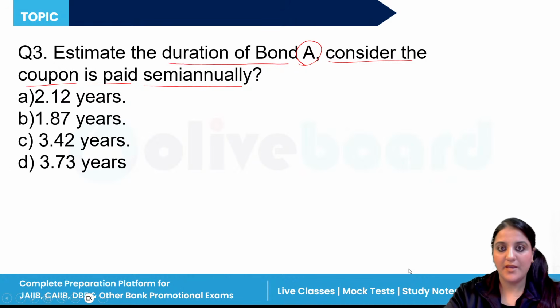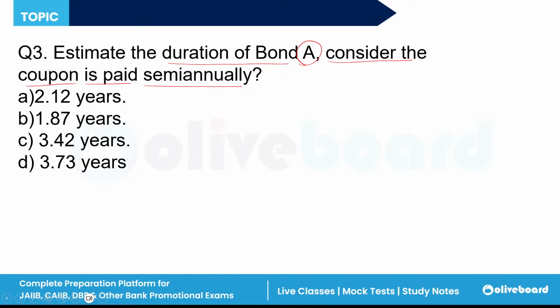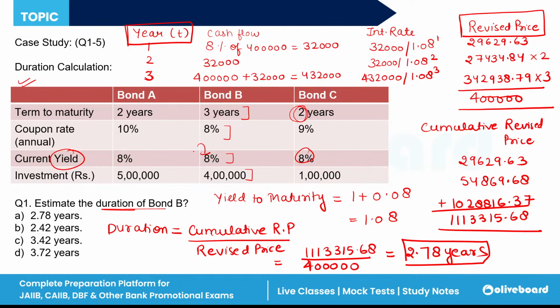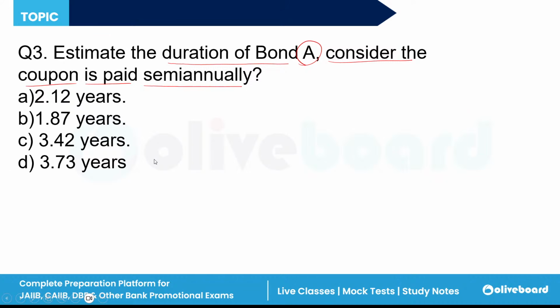Simple. First, if the condition is given as semi-annual, we have to check the rate here. What is the rate? That is 8%. So the rate is 8% divided by 2, because they are asking about semi-annual. Then how much coupon is there?